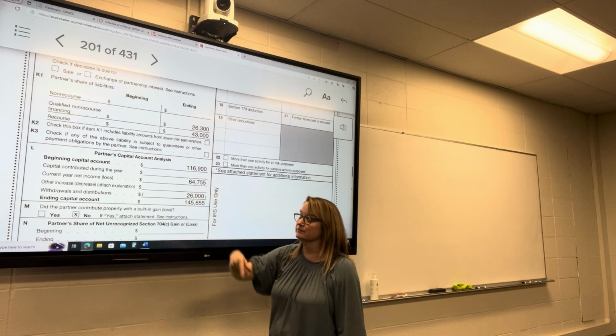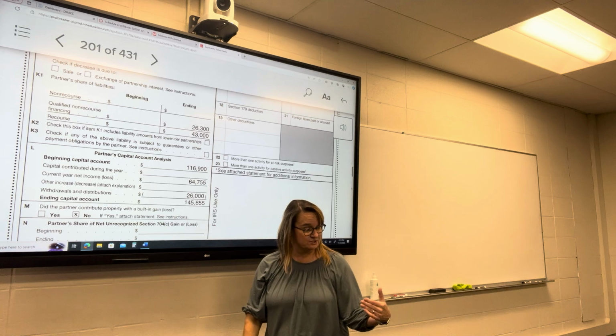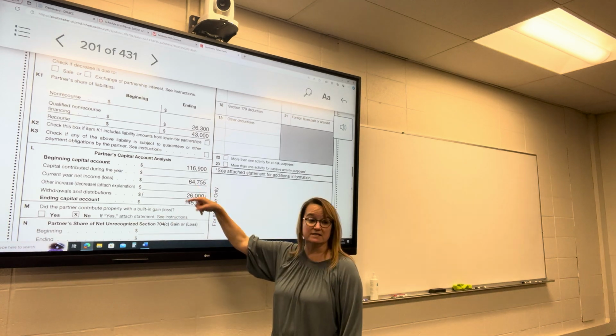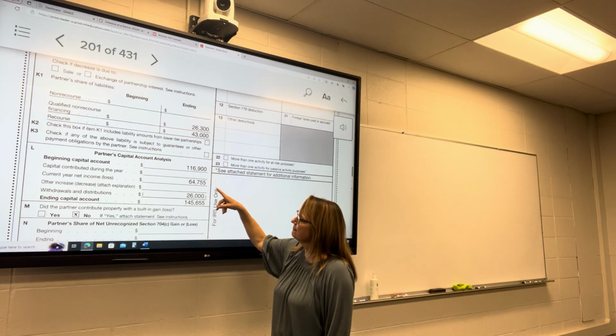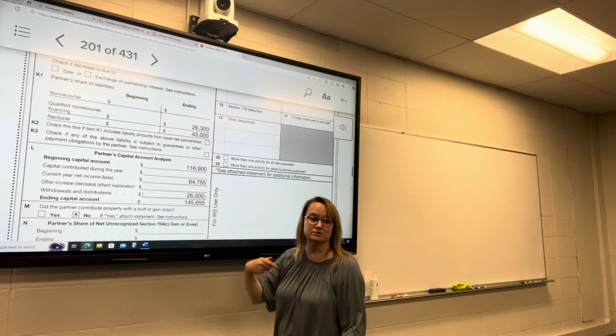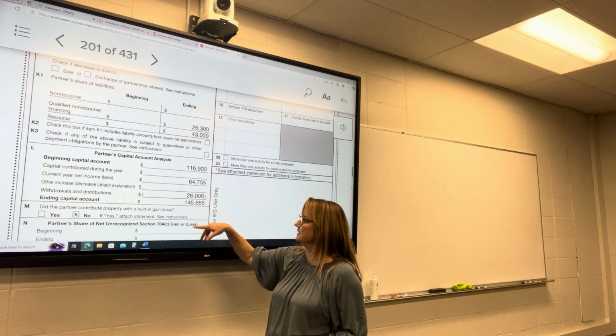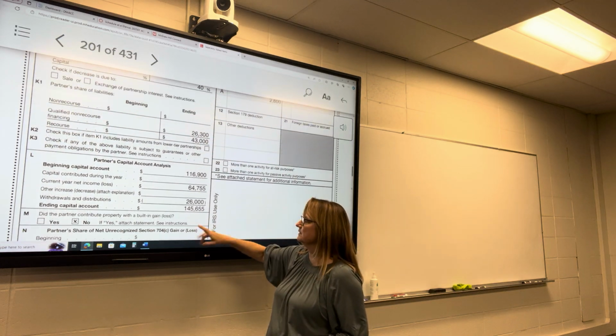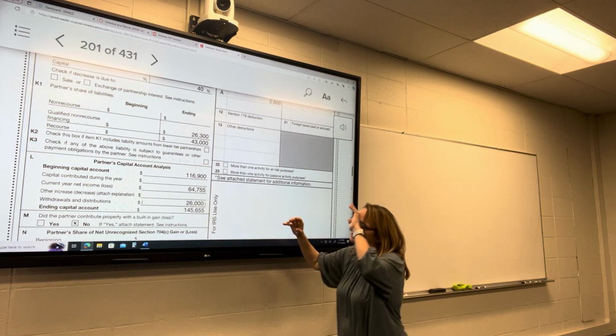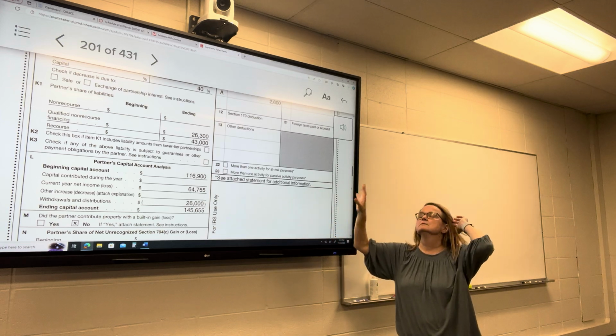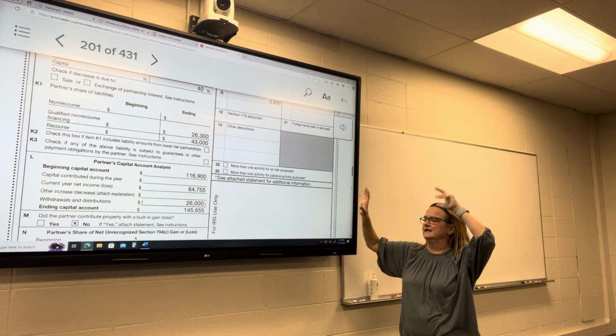The income that they're having to pay tax on from the partnership is added. That increases their basis. Withdrawals: if they took out a distribution, that decreases their basis, and then their ending capital account, which, like I said, is not always the same as basis, but it can be pretty close.